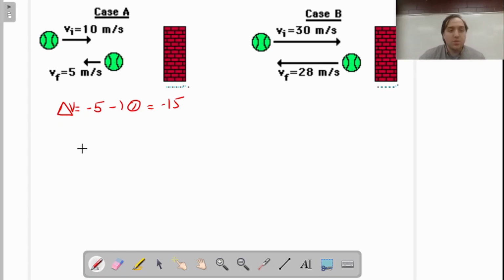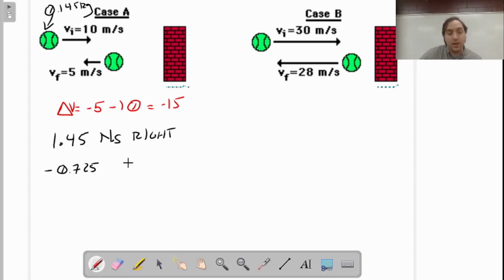If I want to talk about my change in momentum, well, I need to know the mass of a tennis ball, 0.145 kilograms. So my momentum goes from 1.45 newton seconds right, and it would end being negative 2.175 newton seconds left. In this case, 15 times 0.145, 10 times 0.145. My change in momentum, my delta P, would be this final minus this initial. I used a negative sign here for left and right.